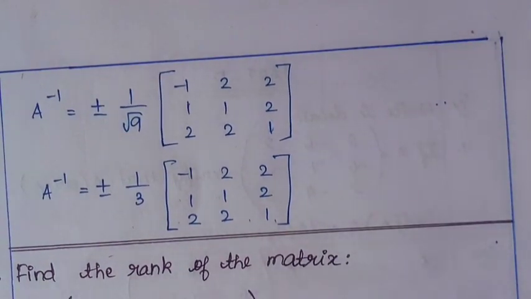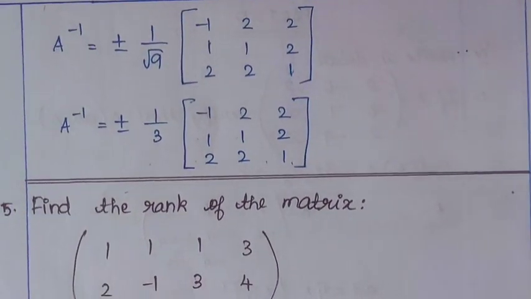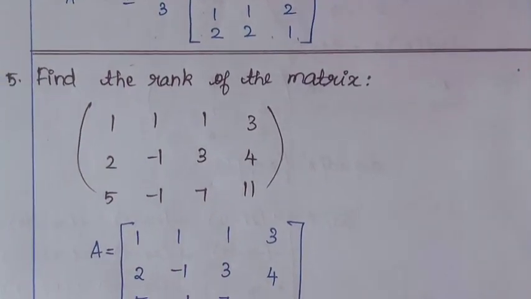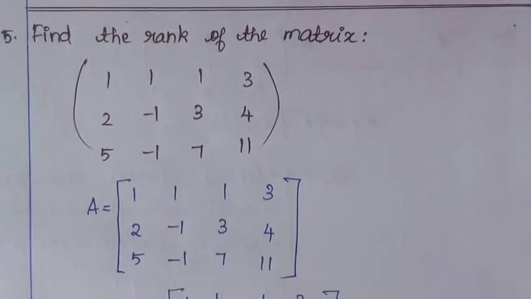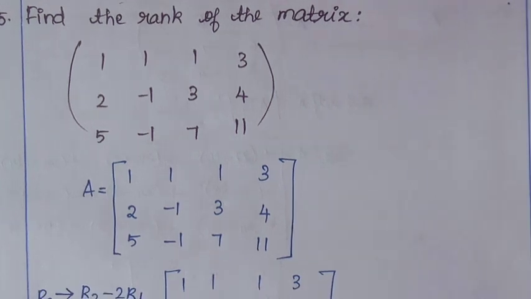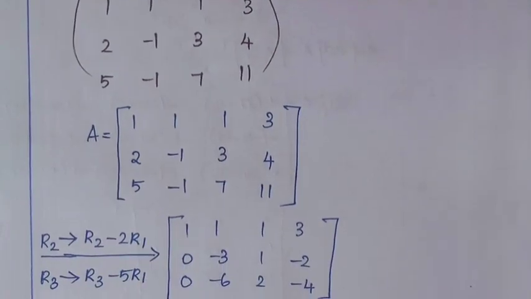Next, fifth question. Find the rank of the matrix 1, 1, 1, 3, 2, minus 1, 3, 4, 5, minus 1, 7, 11. So we can take this as A, and then we have to simplify it.